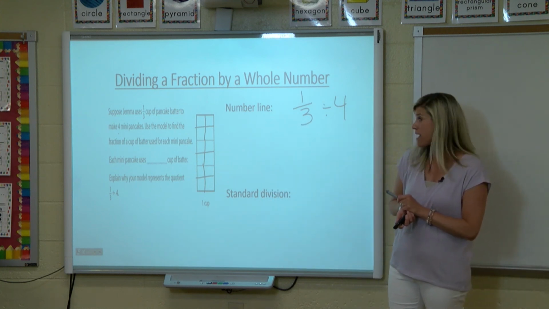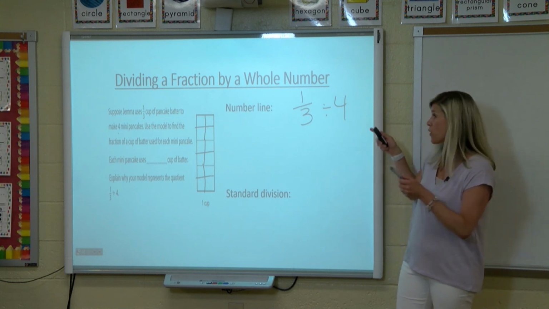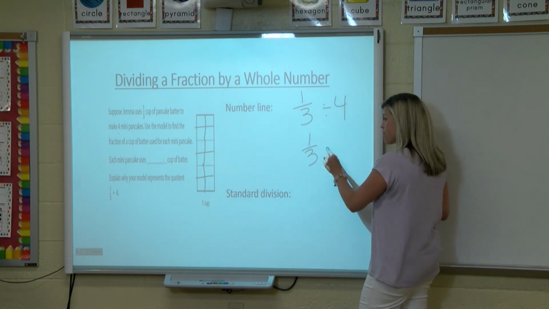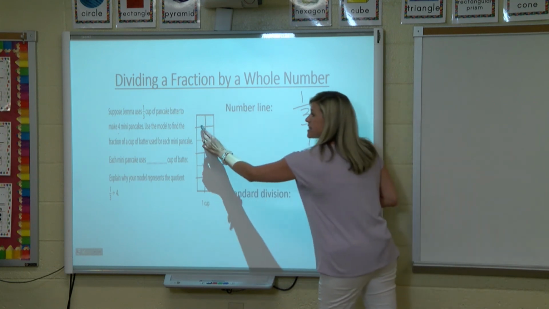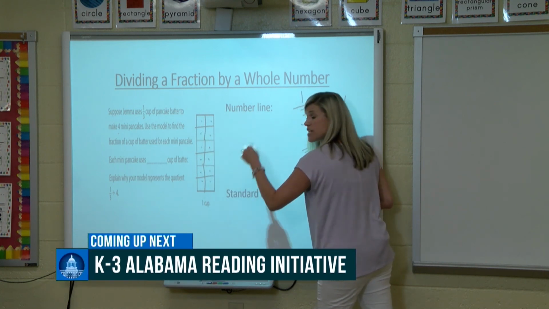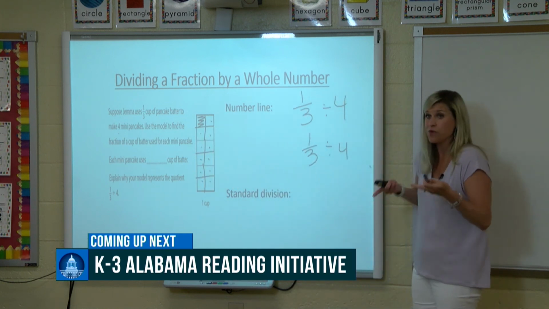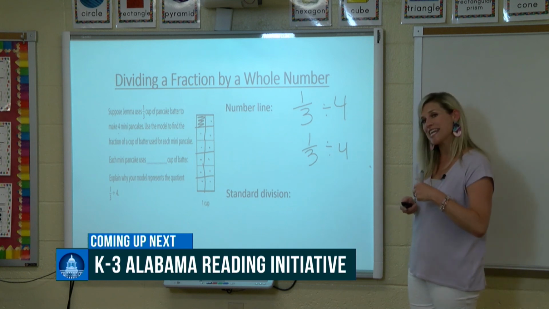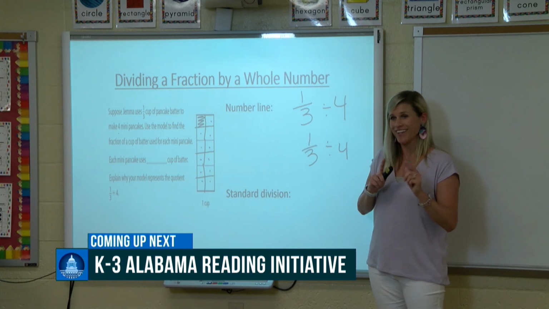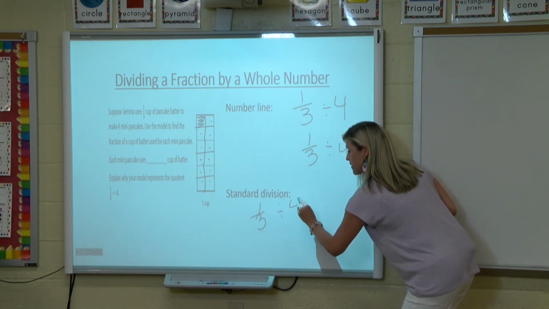Do you know how many mini pancakes are in each cup? Yeah, we're going to have 12 of them, 1/12, because 1/3 divided by the 4 makes 1, 2, 3, 4, 5, 6, 7, 8, 9, 10, 11, 12. She has 12 mini pancakes, so 1 out of those 12 would be the 1 pancake. So 1/12. Again, if you use the keep, change, flip trick, then standard division, 1/3 divided by 4.